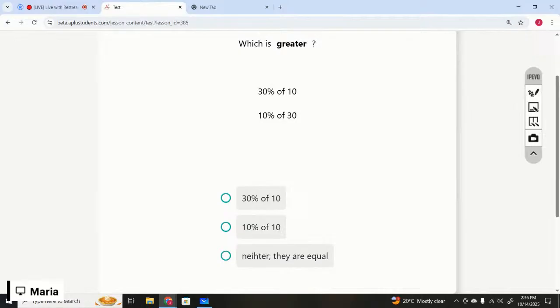Which is greater, 30% of 10 and 10% of 30? Neither, they are equal.